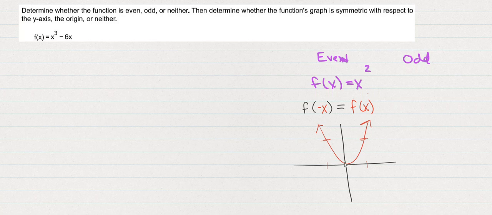Whatever happens on the right side of the function is identical to what happens on the left side of the function, where we're just defining left and right as cutting it down this line of symmetry, which is the y-axis. So when a function is even, we can see that it has y-axis symmetry.